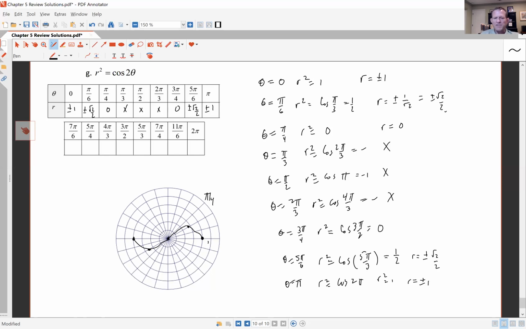Now, remember, this one has all of the symmetry. This is symmetric about everything. In particular, this is symmetric about the polar axis, which means that we just translate these points and get the rest of the graph. And so that's what the graph of r squared equals cosine 2 theta looks like. Call that the lemniscate. And this concludes the video for section 5.4, review part 2.